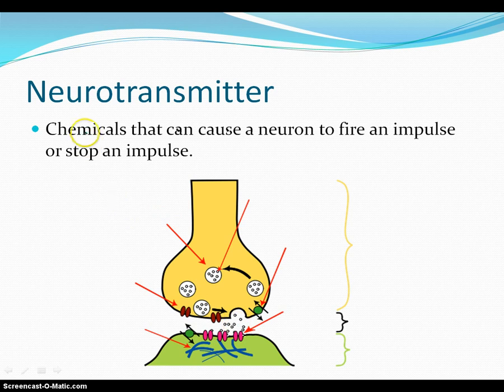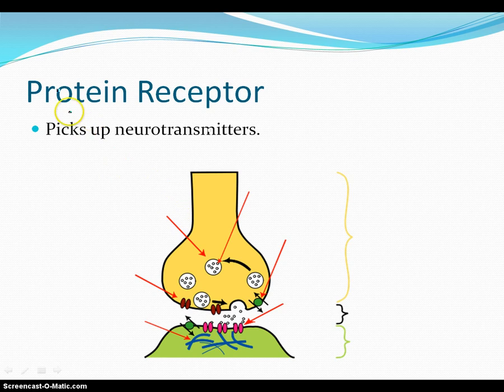So what is a neurotransmitter? Well, it is a chemical that can cause a neuron to fire an impulse or stop an impulse. Either it could be excitatory, which means it's going to make impulses happen, or it can stop those impulses dead in their tracks. We have these things called protein receptors.